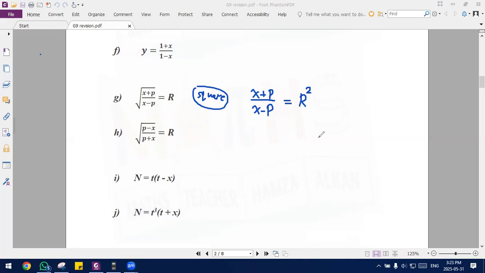Next, simplify. How? We have x up and we have x down, so you can't just subtract them.